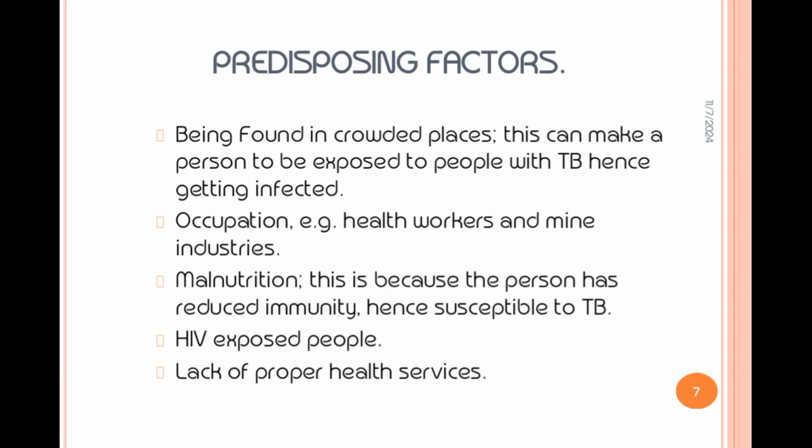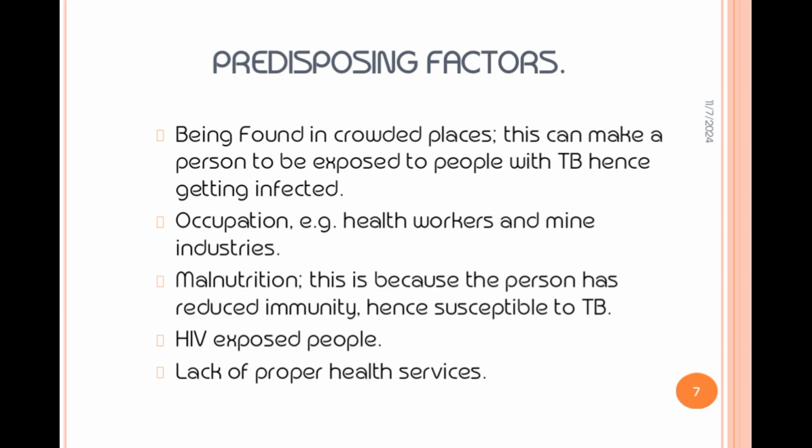That's why it is important to have a good and proper balanced diet, so that your immune system may be strengthened or enhanced. If your immune system is low, it is very easy for you to contract an infection, because your defense mechanism is low, hence being predisposed to different kinds of conditions.